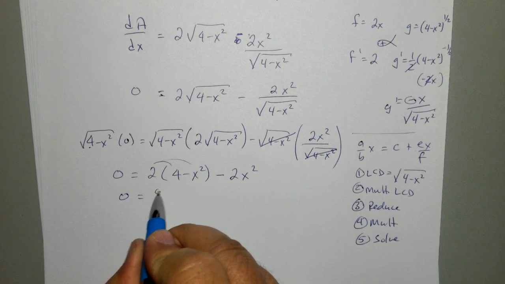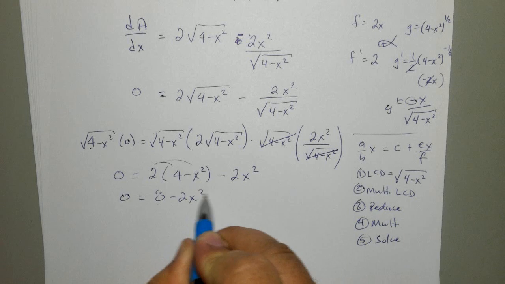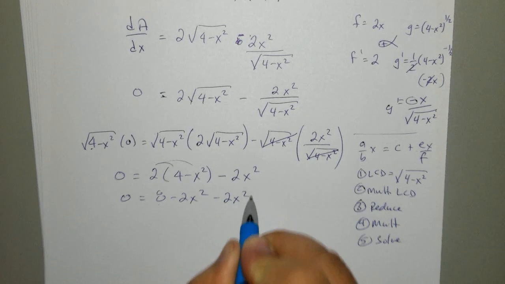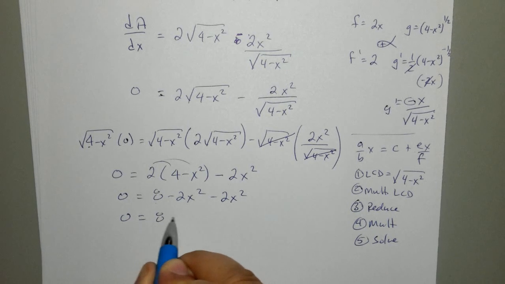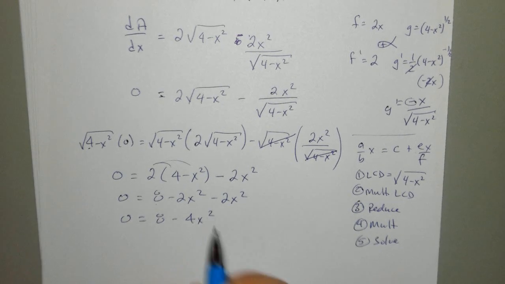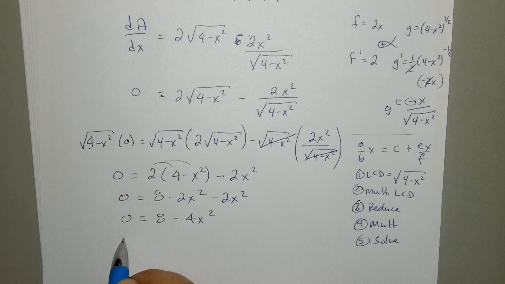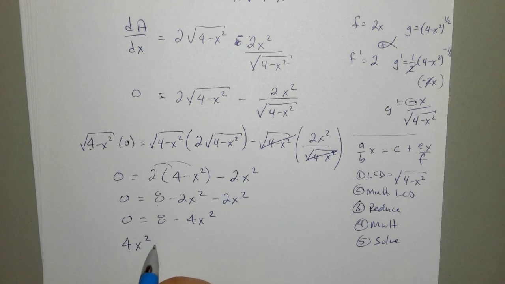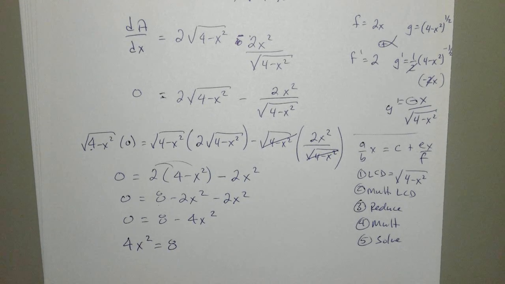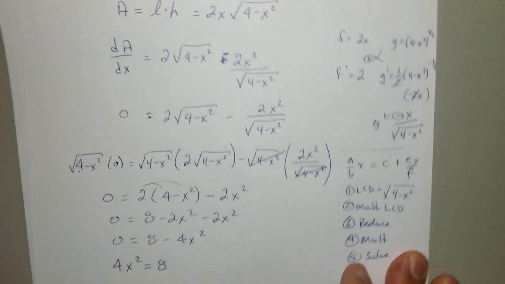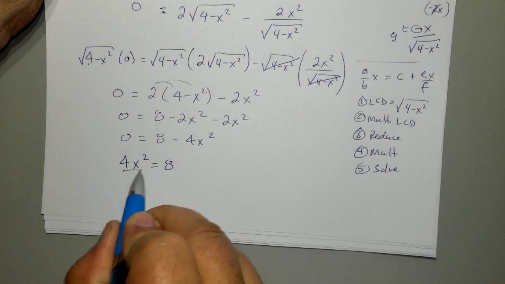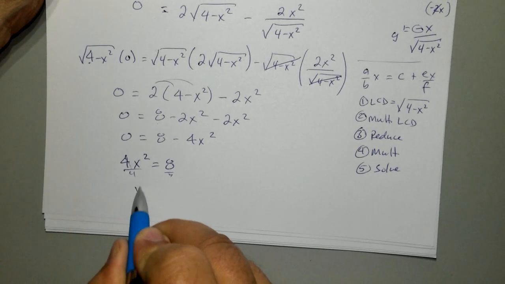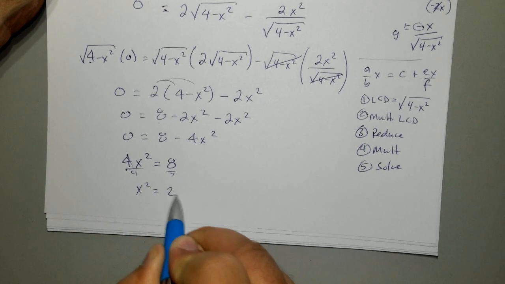Distribute. 8 minus 2x squared minus 2x squared. 8 minus 4x squared. 4x squared equals 8. Divide by 4. X squared equals 2.